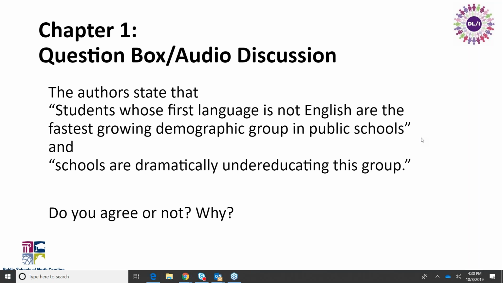There's this mindset of how we traditionally used to service them, like pulling them out, but I think there's got to be a new change on how we service them as a school, not just the ESL teachers, but also the classroom teachers, and providing them with training and providing them with tools to be able to better service those students in the classroom. And I think part of the issues and part of the problems is those teachers not being trained on how to better service them and how to better understand the process of language acquisition.